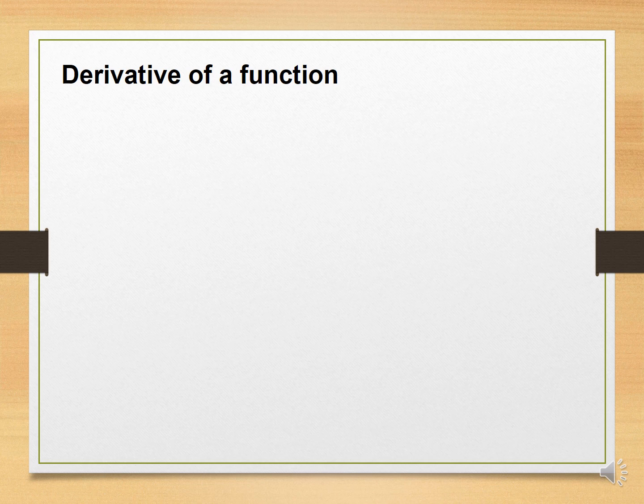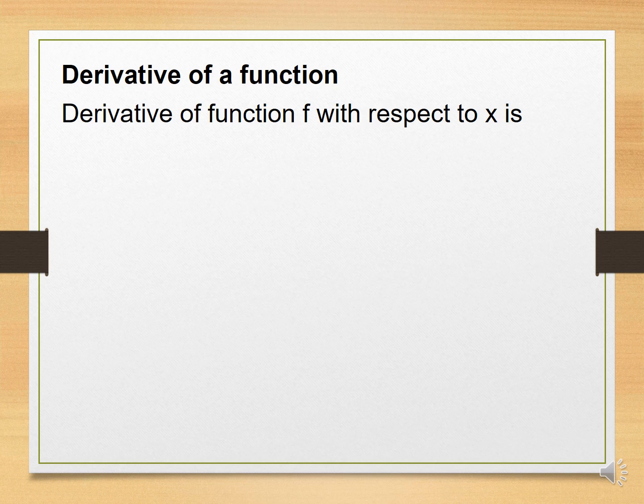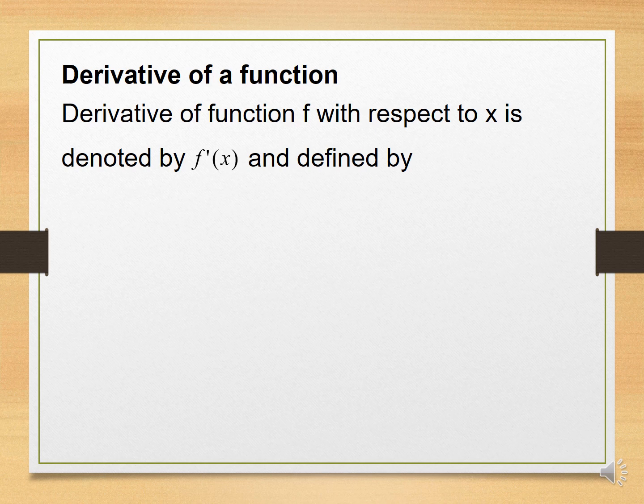After that, let's move on to the derivative of a function. The derivative of a function f with respect to x is denoted by f'(x) and is defined by the formula f'(x) equals the limit of [f(x + h) - f(x)] over h, for h approaches 0.